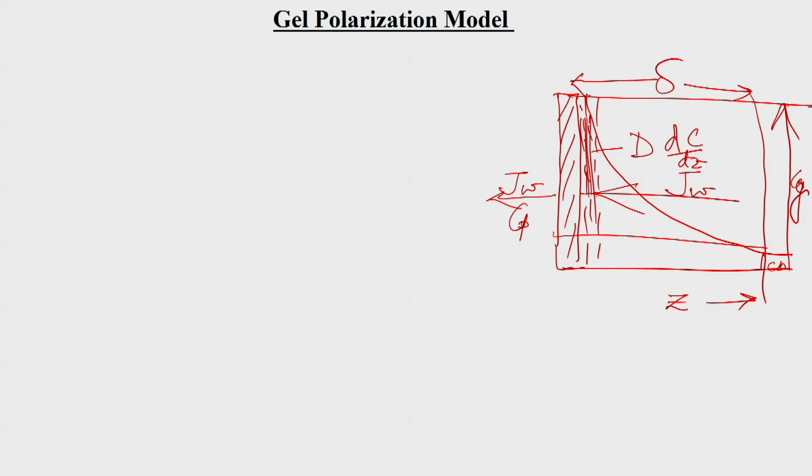Okay. So, in this gel layer the solutes are deposited. So, we can say accumulation will be equal to in minus out.